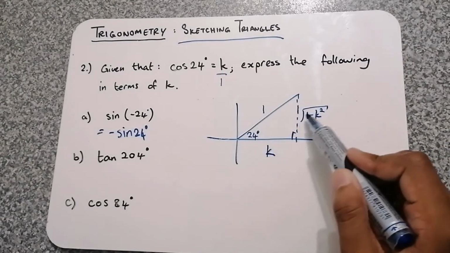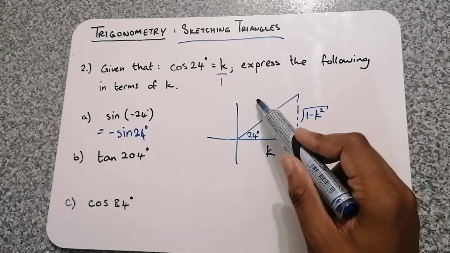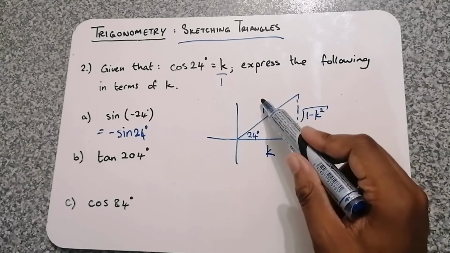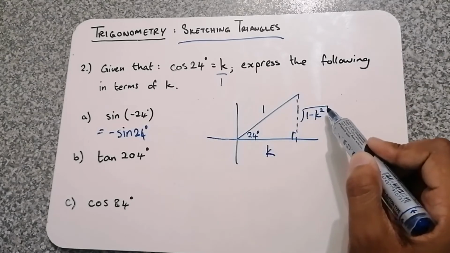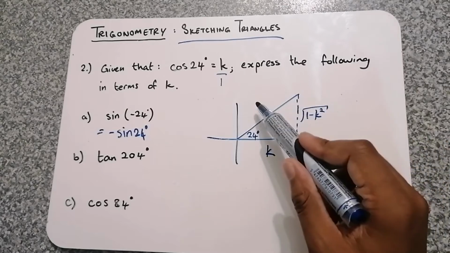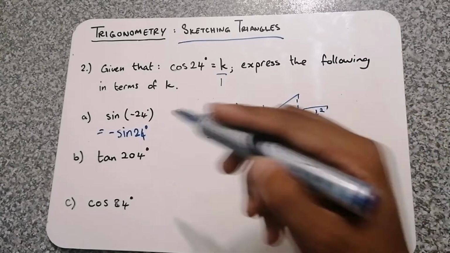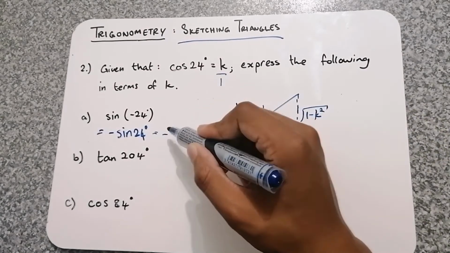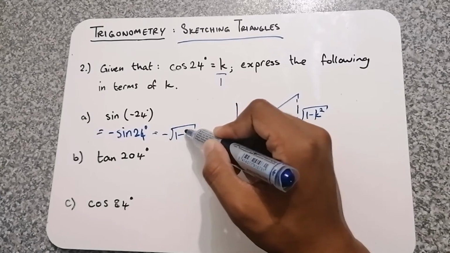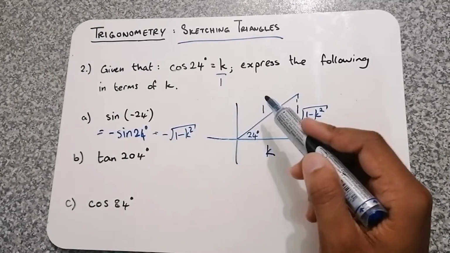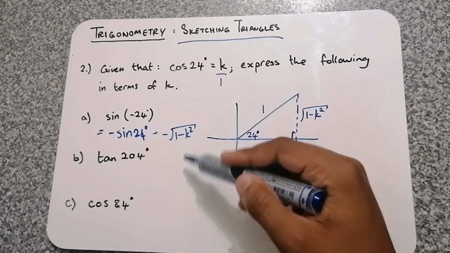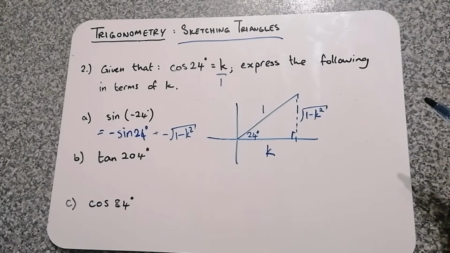Well, sine is your opposite over your hypotenuse. Now, since the hypotenuse is 1, we can just disregard the hypotenuse because anything divided by 1 would stay the same. So this answer is simply negative square root of 1 minus k squared. And again, since it's divided by 1, we're just going to leave it like that.